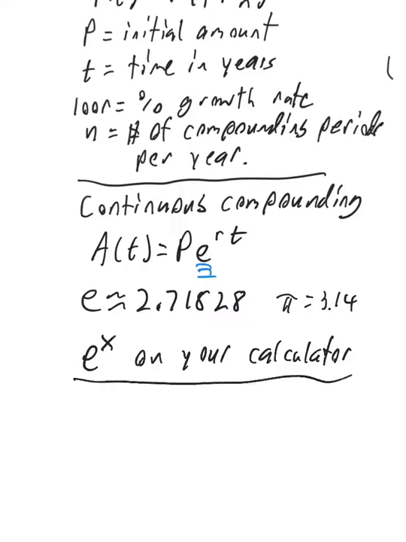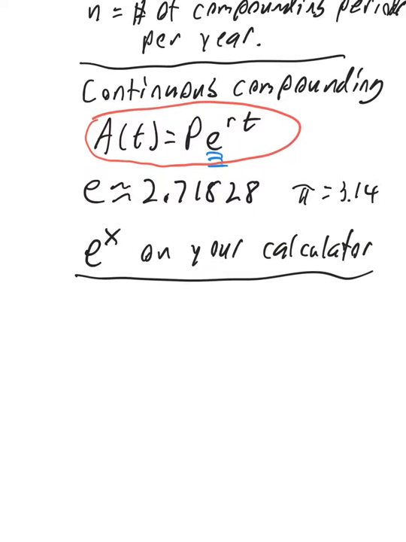So we can use this formula for money. Let's do an example with that. Last time we looked at investing $1,000 at a 10% rate for 1 year.